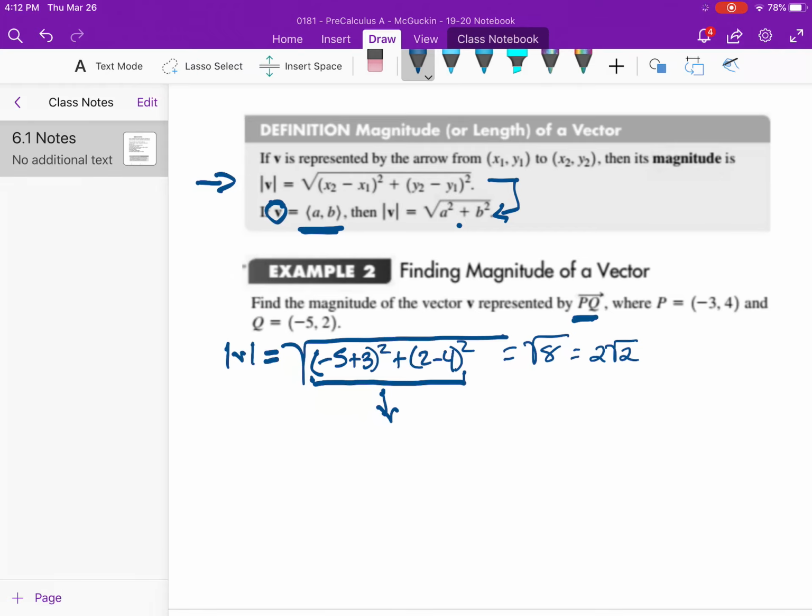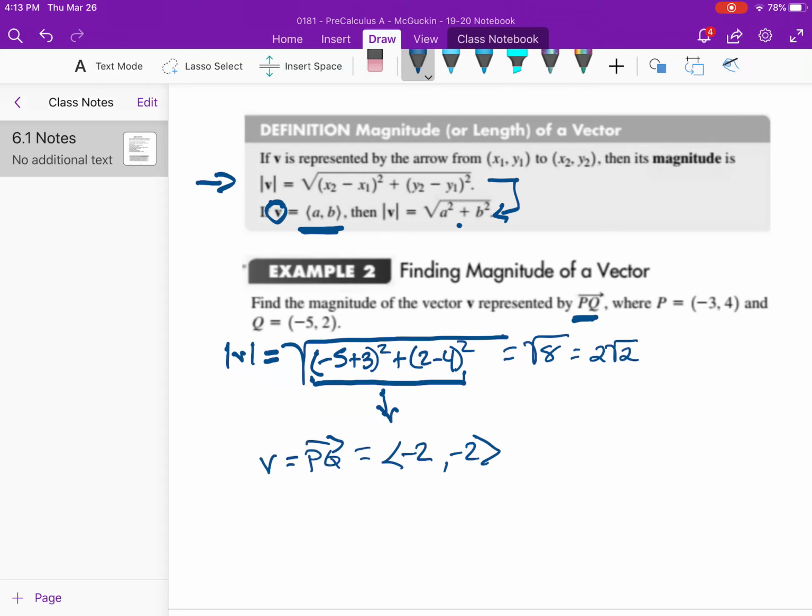By saying -5 plus 3 being -2, that really meant that the vector PQ was also equal to the component form of (-2, ...), and then 2 minus 4 is also -2. So you could have started it either way.